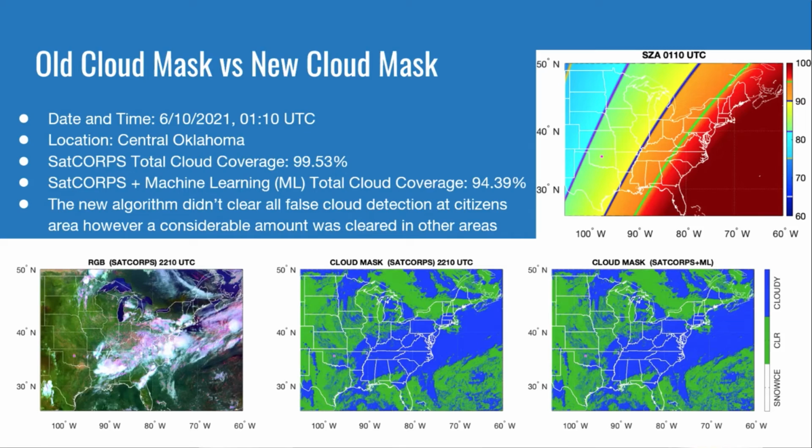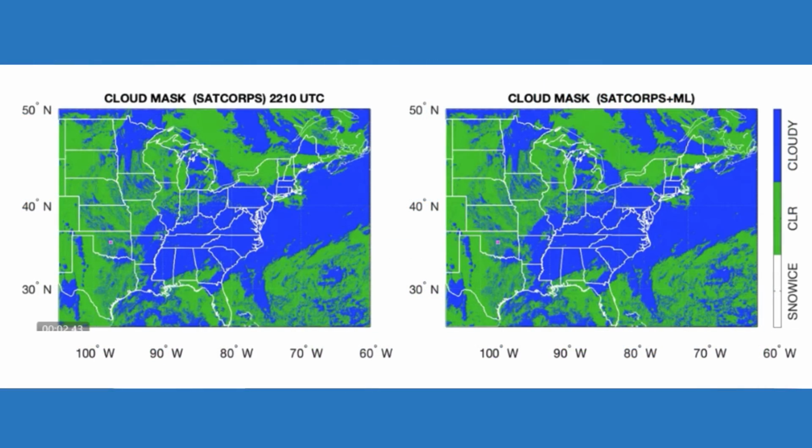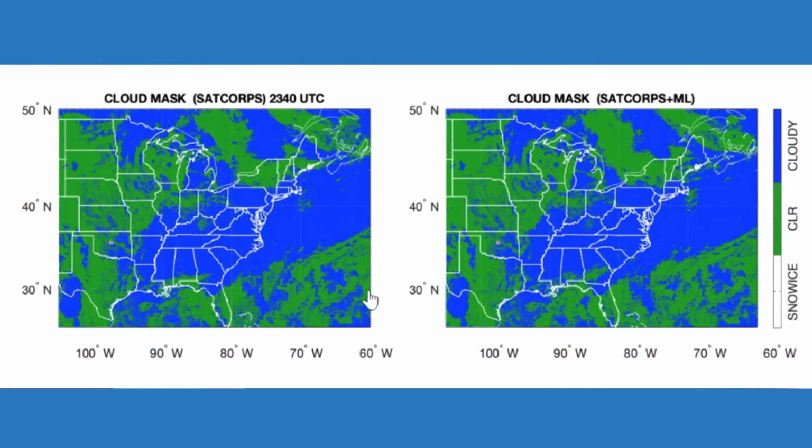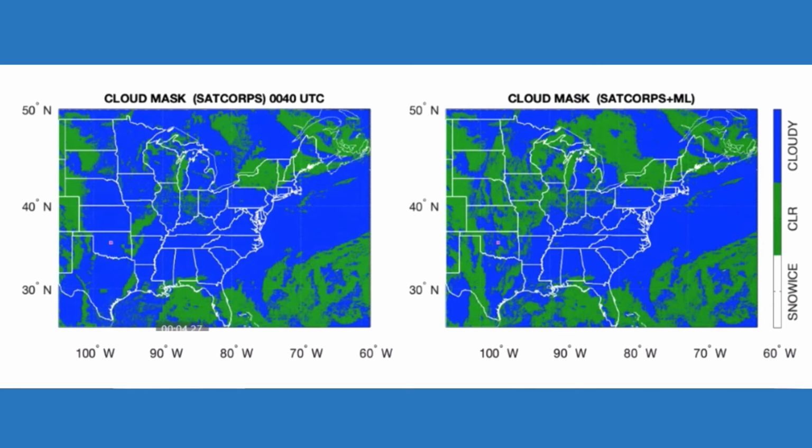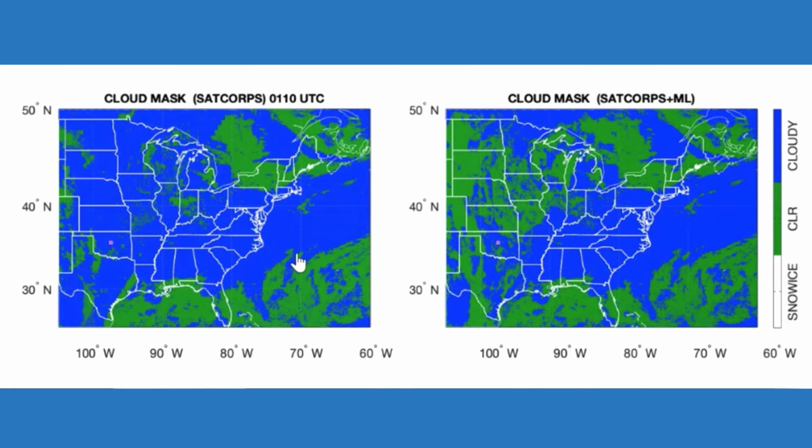But nonetheless, if we look at this new animation, the one on the far right here is the new machine learning algorithm, where the one in the middle is our old algorithm that we've been looking at. As the Terminator line is passing through the Midwest, here's a great example. You see the whole Midwest covered with our older algorithm.